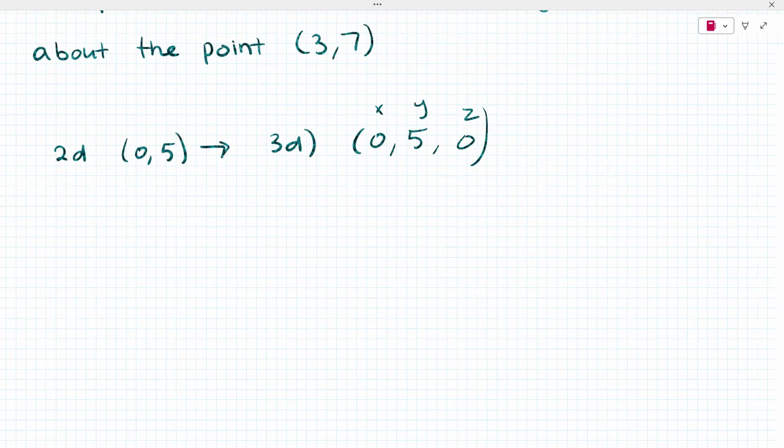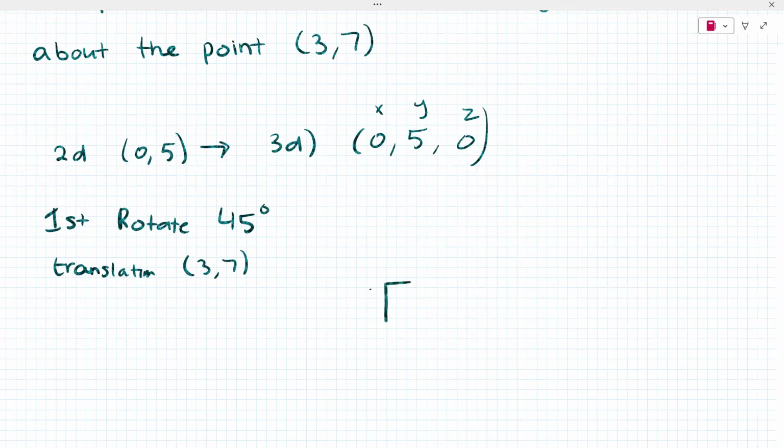Z is not moving. So first I've got to rotate, and we're going to put that matrix on the further right-hand side. So first rotate 45 degrees. Then we're going to do a translation, and we're going to put that matrix on the further left, of 3, 7. Okay, so first is the rotation of 45, and we said that we're going to put that matrix on the further right.